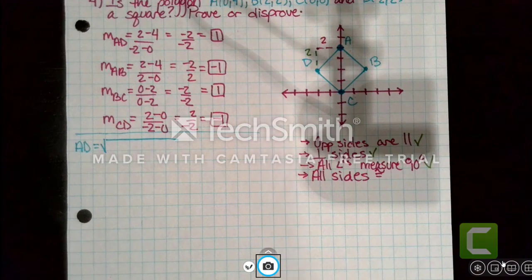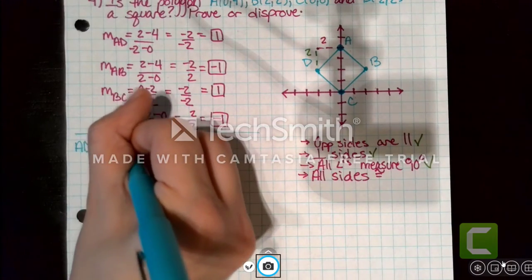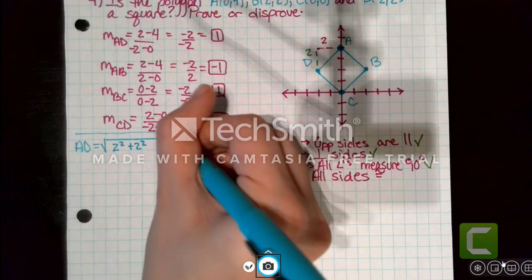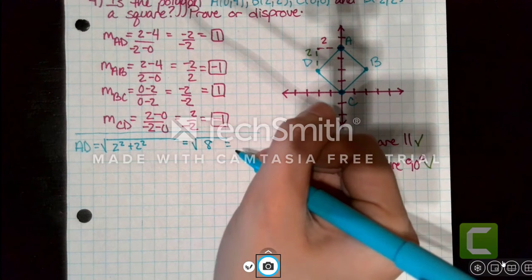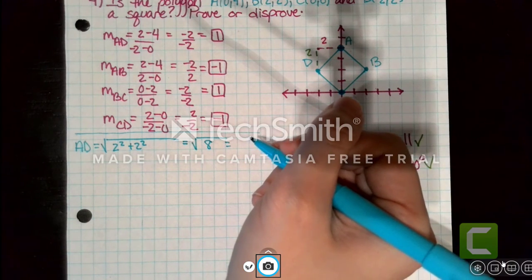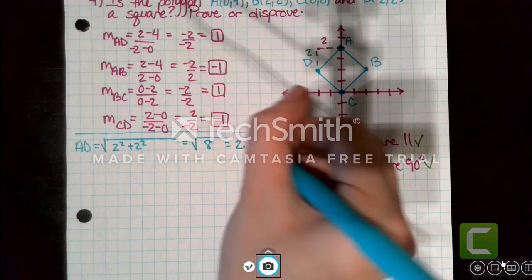So under your radical, you should have 2 squared plus 2 squared, which gets us a value of the square root of 8. And the square root of 8 is about 2.8.